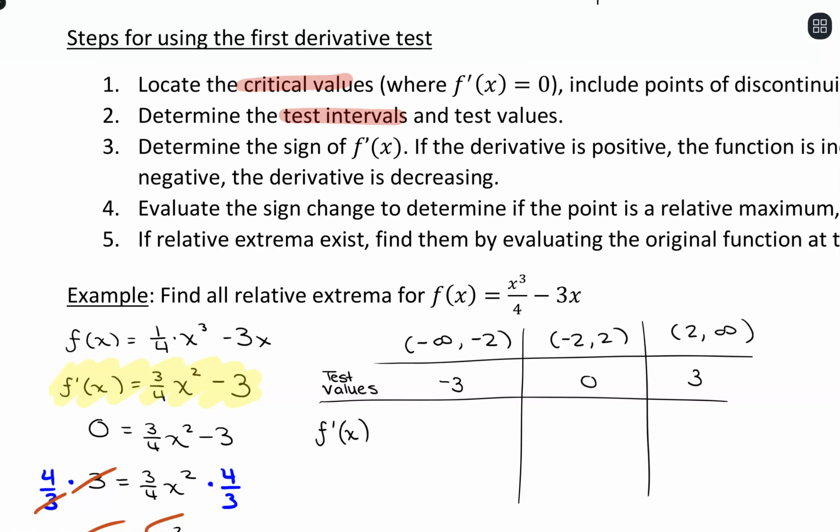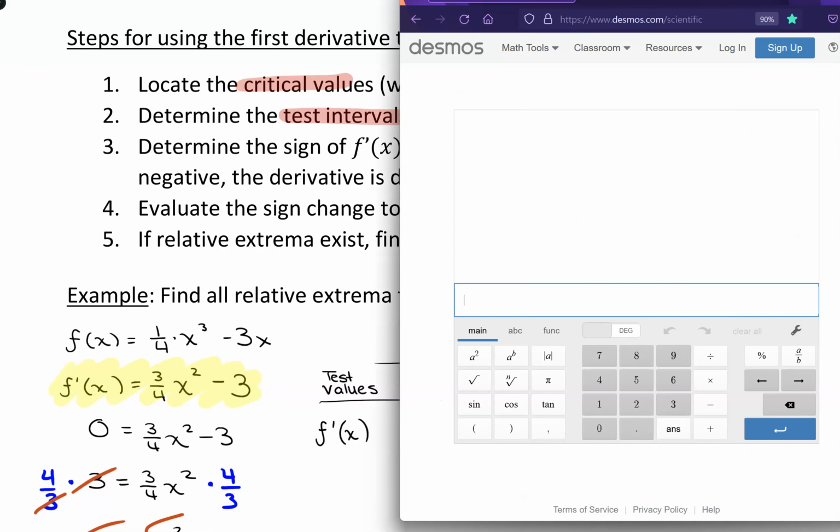But let's go ahead and use a calculator here. Actually, a little spoiler of a graph. Okay, so we're going to do 3/4, and this can be nice with the Desmos calculator because we can set it up so we can just keep editing what our input is.